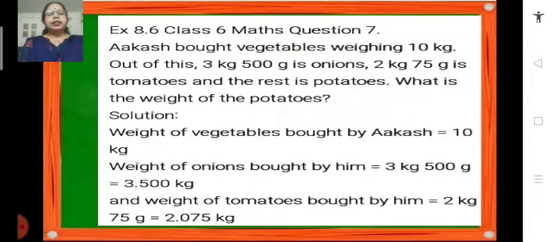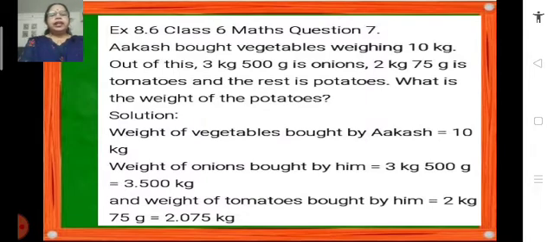Question number 7. Akash bought vegetables weighing 10 kgs. Out of this, 3 kg 500 grams is onions, 2 kg 75 grams is tomatoes, and the rest is potatoes. So what is the weight of potatoes?